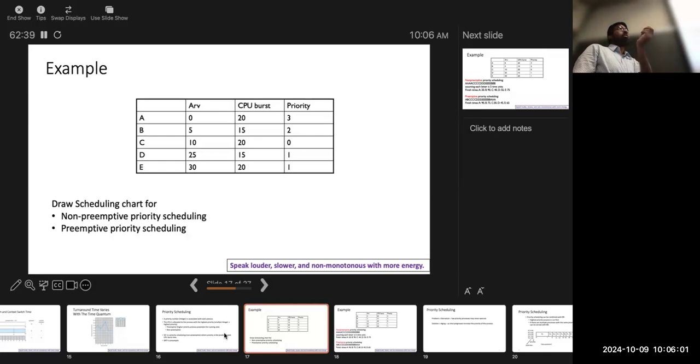Okay. This is preemptive priority scheduling. I'm not saying use round robin. Don't use round robin here. We are not using round robin here. I'm scheduling the processes according to their priority numbers and arrival times. Get it or not? If not, I will do the example, then you will understand. Okay.